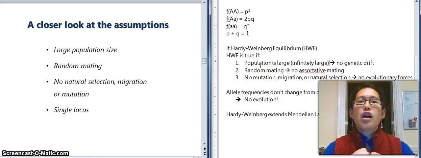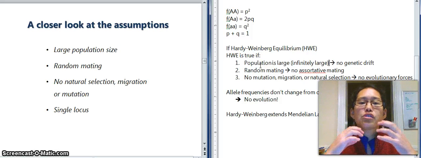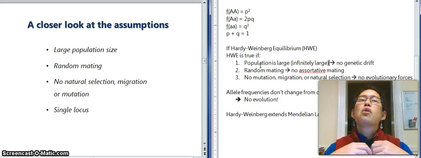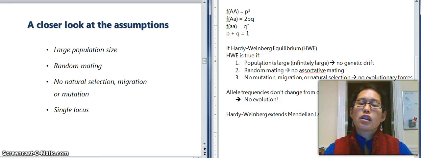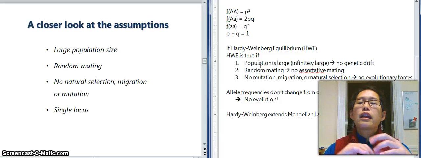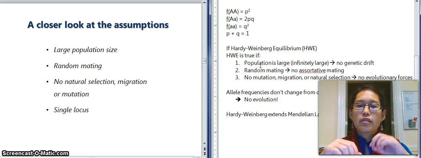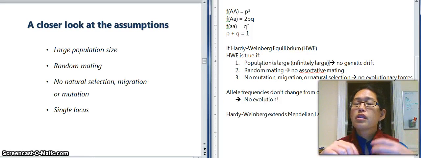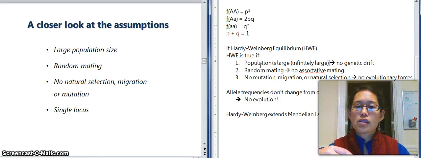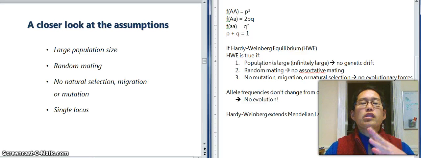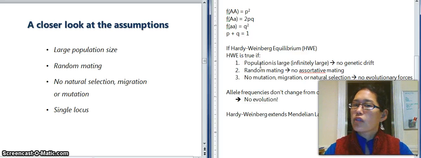If you want to consider population genomics, so what are loci across the entire genome doing within a population, then you can apply Hardy-Weinberg principles to each locus one at a time. And what you'll find is that some loci are under Hardy-Weinberg equilibrium and other loci are not. And so that's a research question that people can also investigate in population genetics.